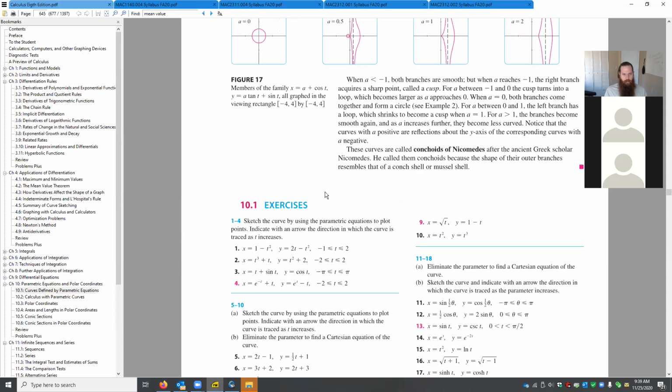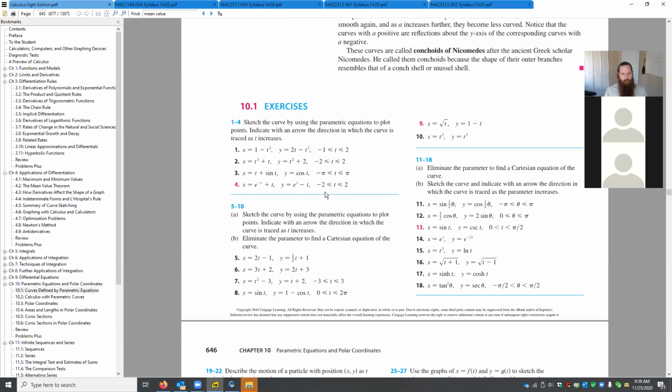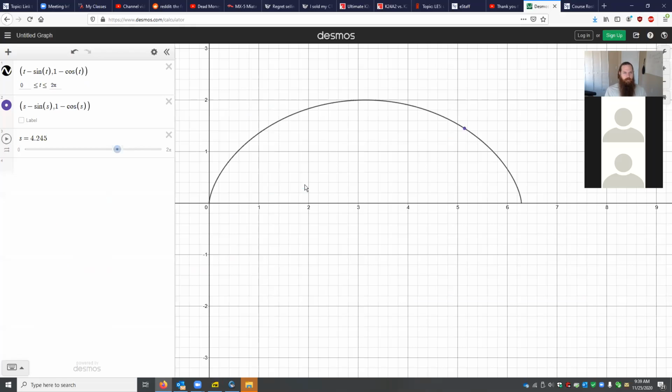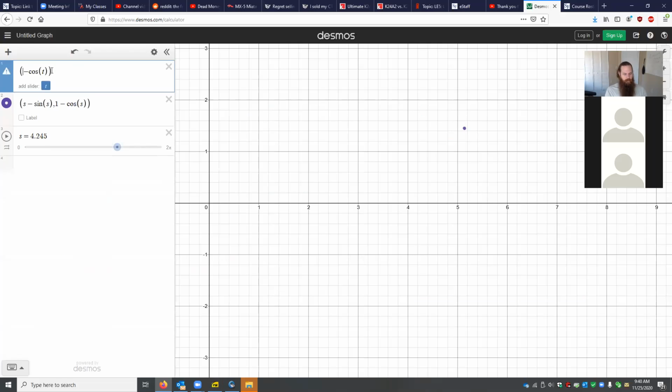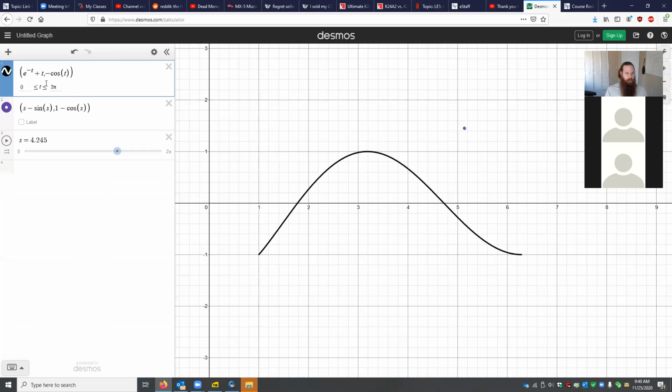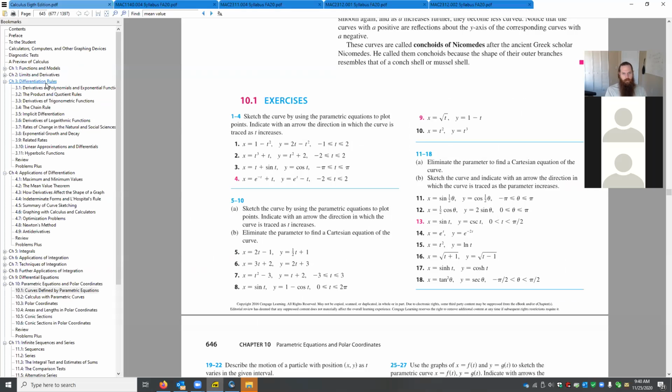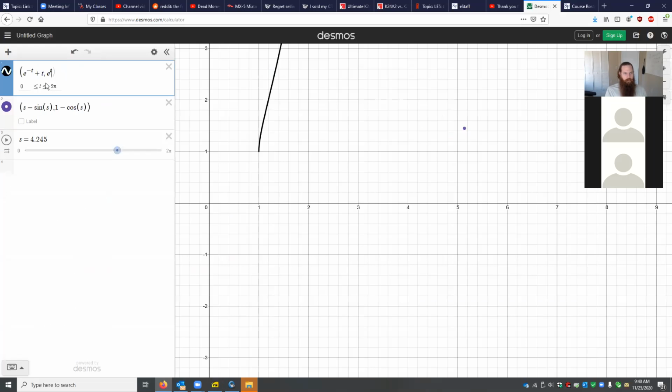Let me grab something kind of interesting looking. Let's look at this: e to the negative t plus t, e to the t minus t. So my x function here is e to the negative t plus t, and my y function here is e to the t minus t.